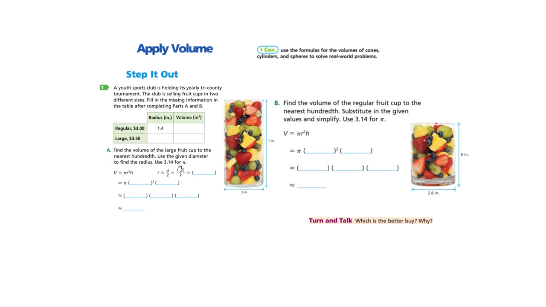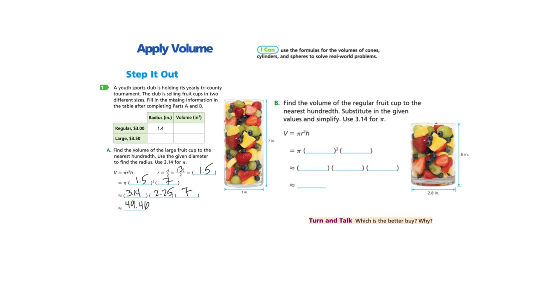So you have pi times the radius squared, 1.5 squared, times the height, which is 7. They say use 3.14 for pi. And then we have 1.5 squared is 2.25, I believe. And then times 7. When we multiply all that together, we get 49.46.